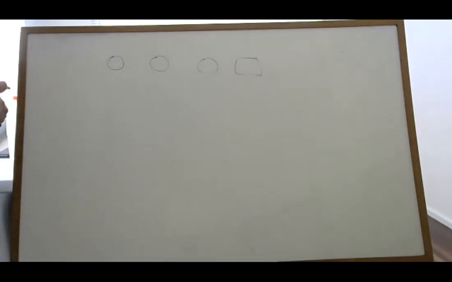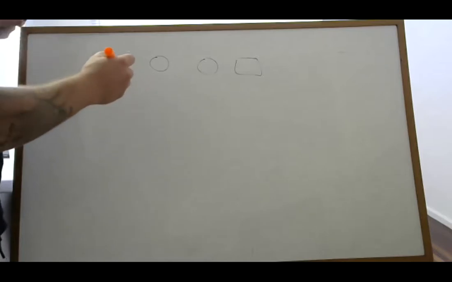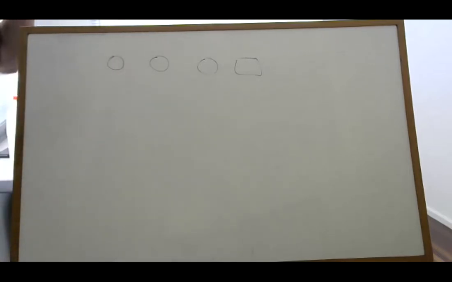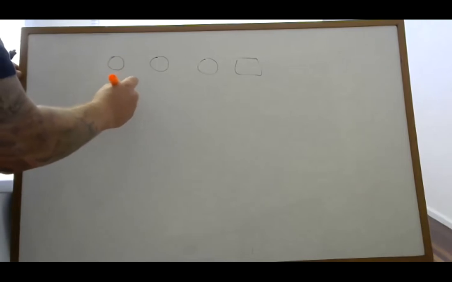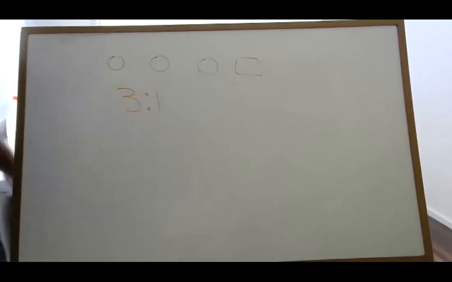So circles to squares. When we're talking about ratios, it's numbers of one thing versus another. So circles to squares is 3 to 1.